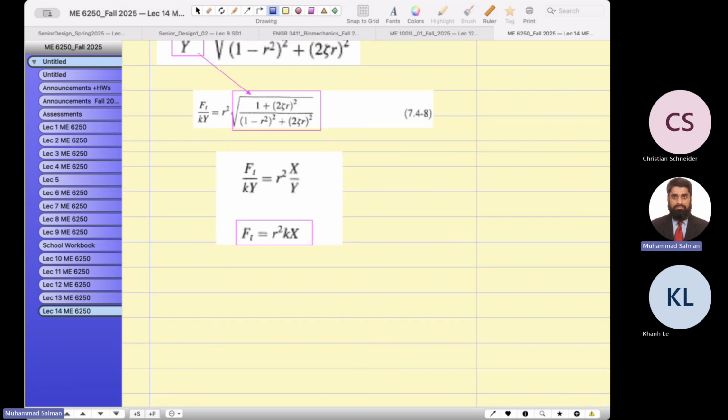Okay, let's do one problem. Before I do the problem, I want to show you one table here. So the table is this one.